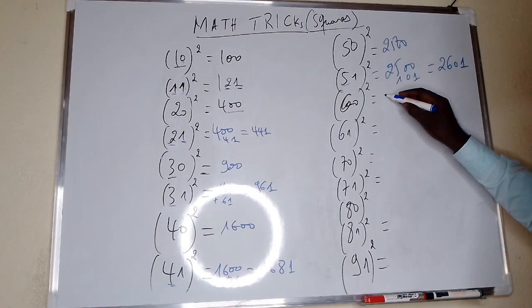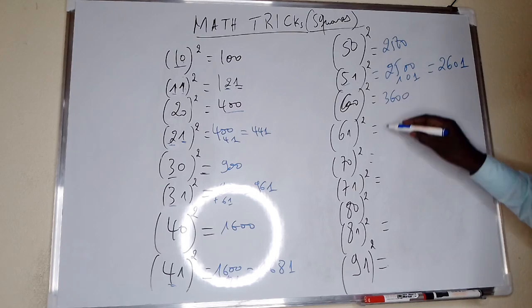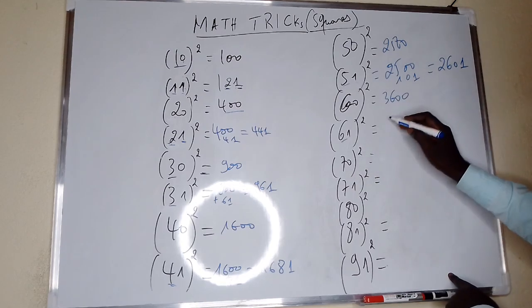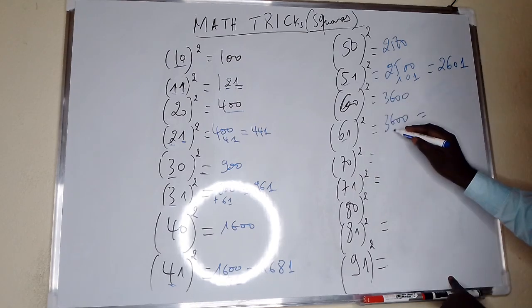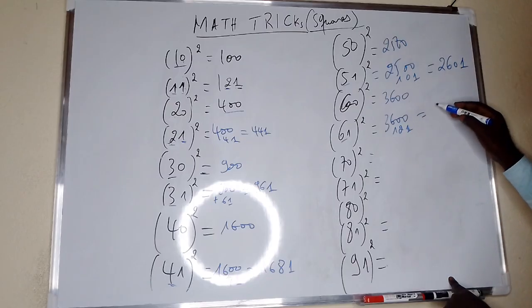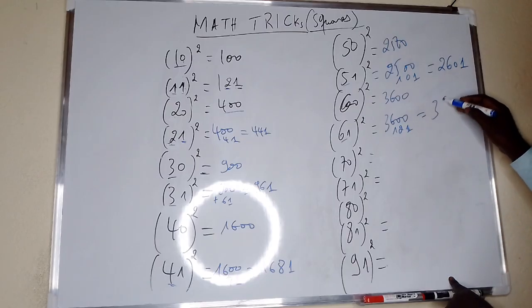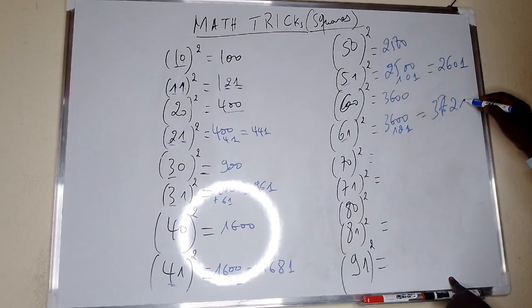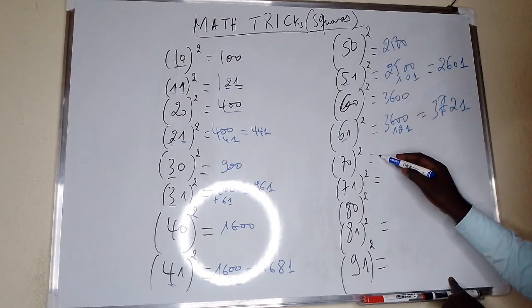The same as this one: 60 squared is 3600, then 3600 plus 121 will be 3721.